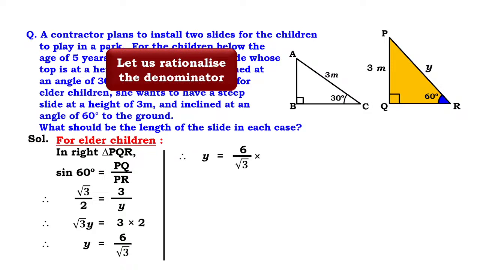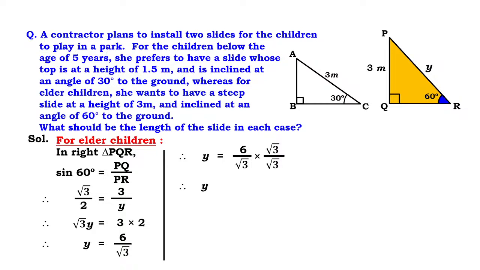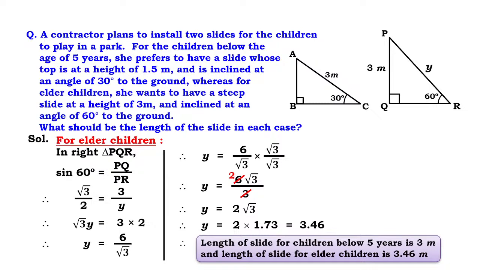So what happens? 6 by root 3 into root 3 by root 3. Then I get 6 root 3 divided by 3. 3 ones are 3, 3 twos are 6. And then what happens? Here I have 2 root 3. Root 3 value is 1.73. Okay, so the answer is 3.46. Just 0.46 meter, a little lengthier compared to the children's.